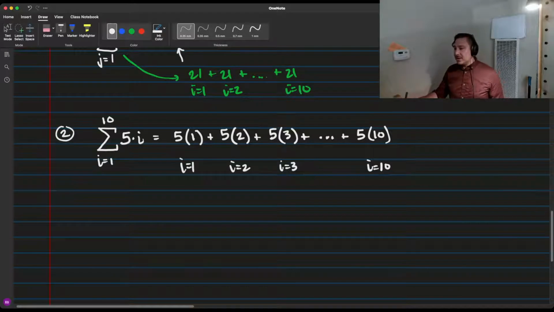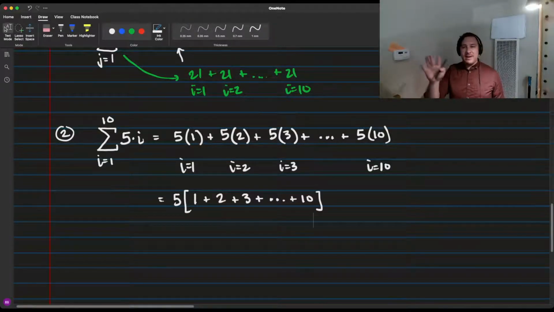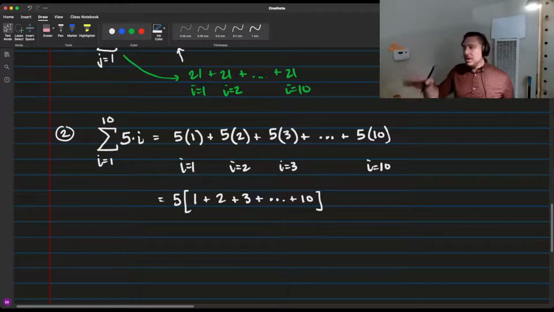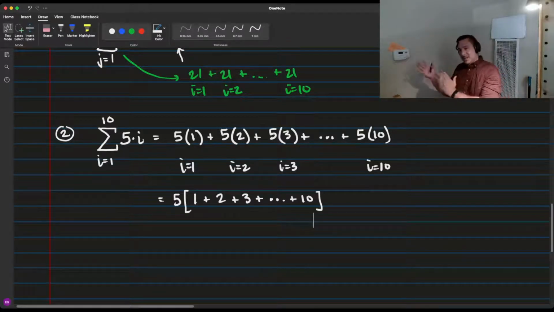So what you could do is factor out the 5, right? Is everyone seeing that? 5 times 1 plus 5 times 2 plus 5 times 3 plus dot, dot, dot plus 5 times 10 is the same thing as 5 times bracket 1 plus 2 plus 3 plus dot, dot, dot plus 10.